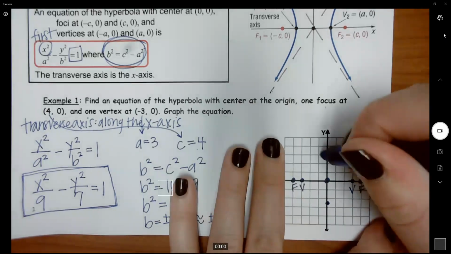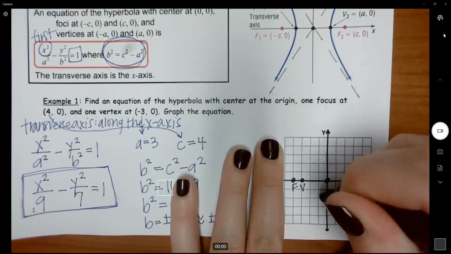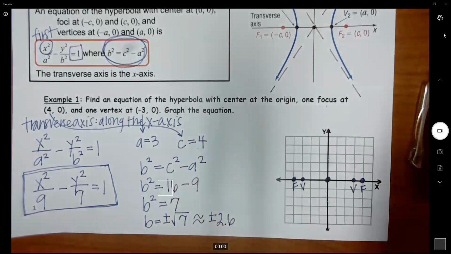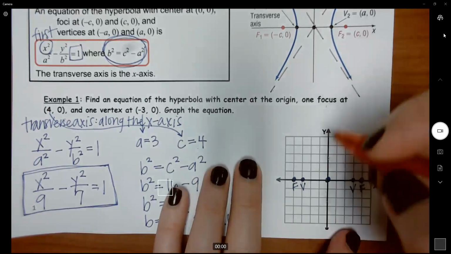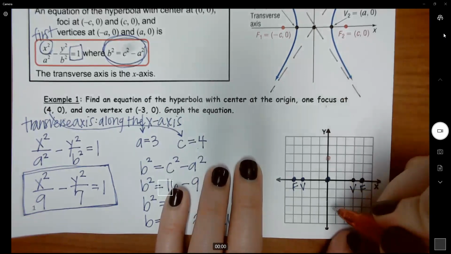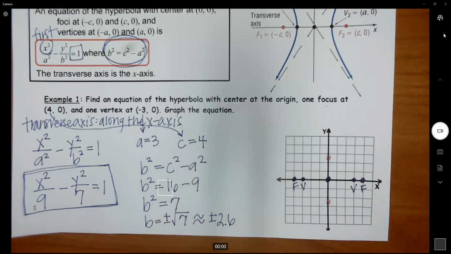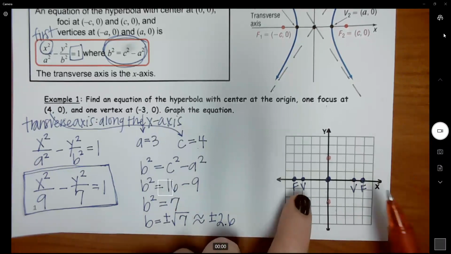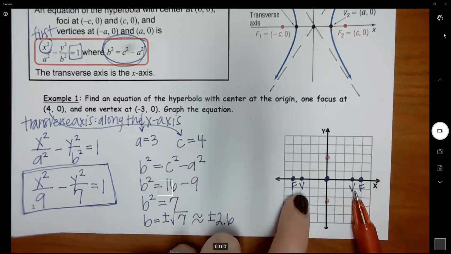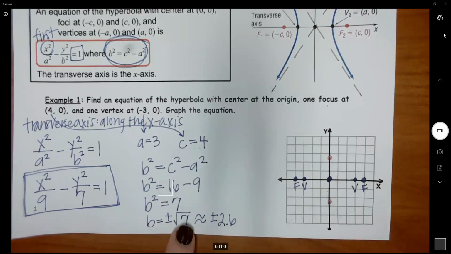And I am actually going to put these points in a different color because this is not technically part of my graph. This is just helping me graph the shape of the hyperbola. So I'm going to make a box containing my vertices and these 2 points for b.